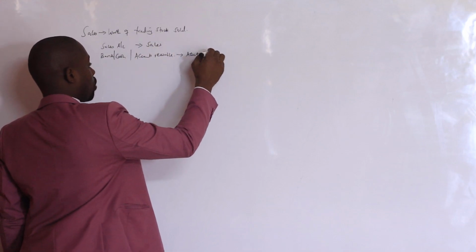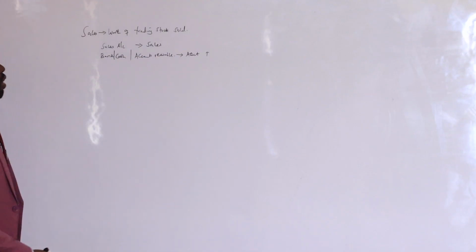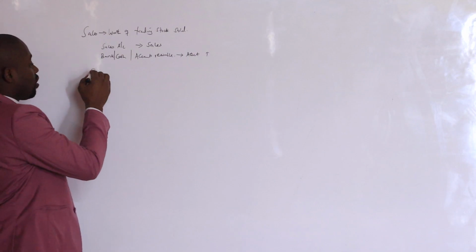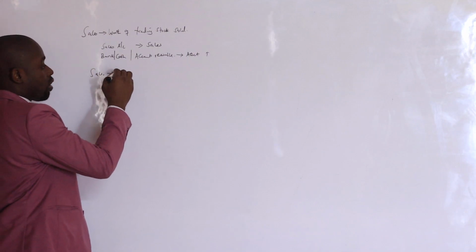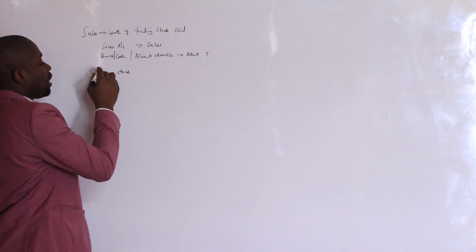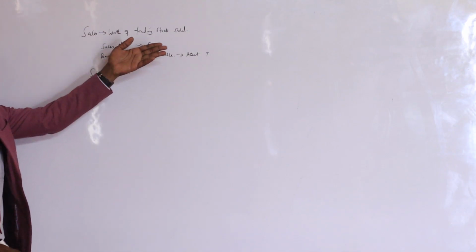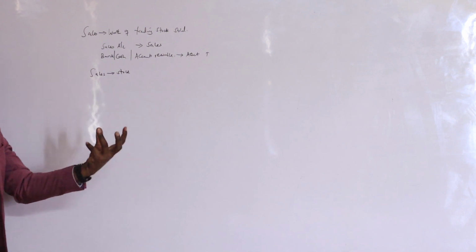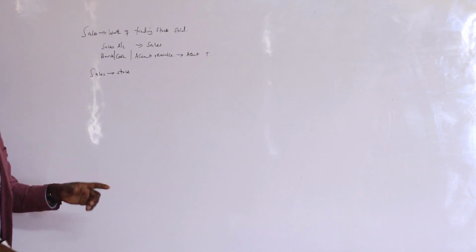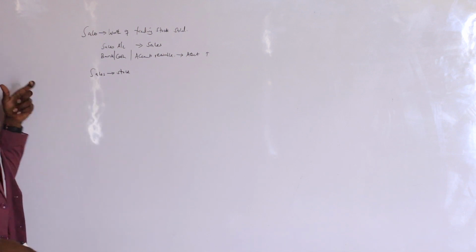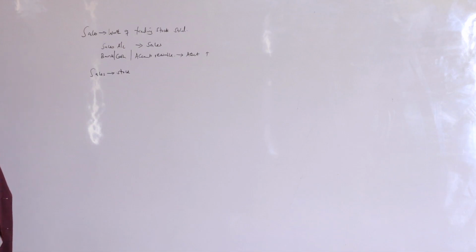Now, most students confuse a lot when you're talking about sales. Do not confuse the word sales and stock. Sales is the worth of the trading stock sold, the worth of what we have so far sold. Stock is unsold goods in the store.